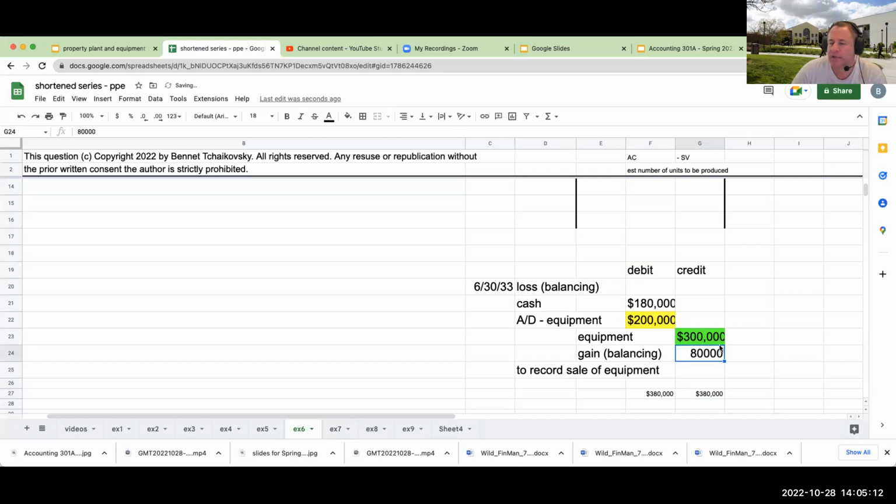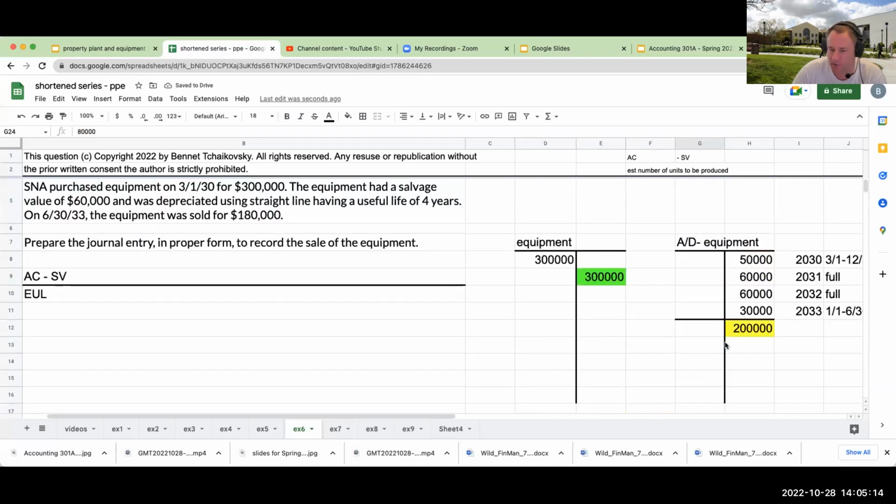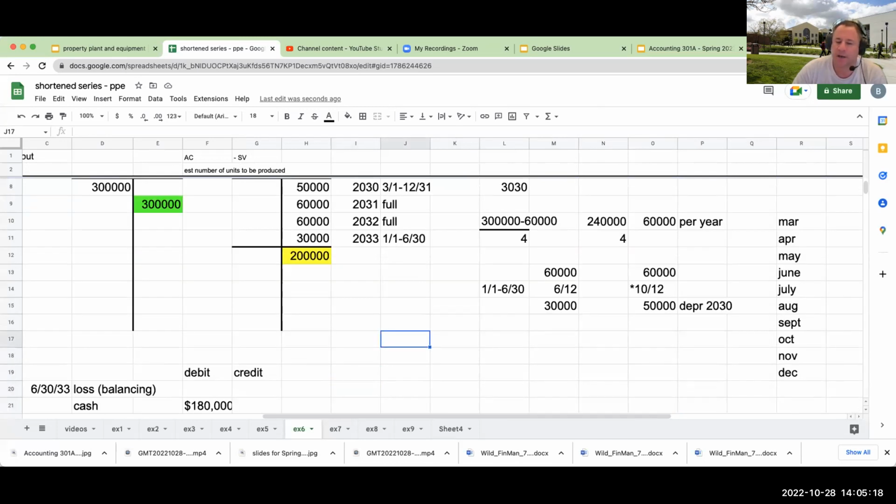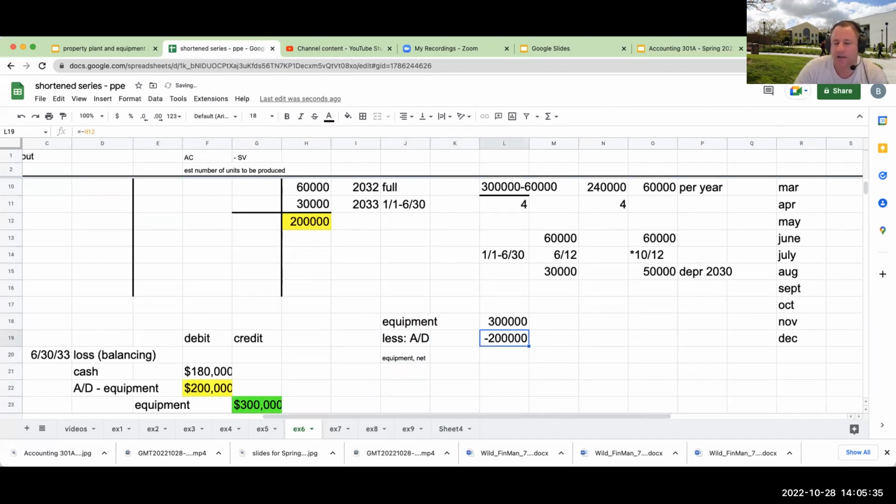Okay, but let's think about this intuitively. The asset on my books, in terms of the net book value when I sold the asset. So when I sold this thing, it had a value on my books. So I subtract the accumulated depreciation of 200,000, and my equipment net, or that net book value on 6/30/33, was $100,000.